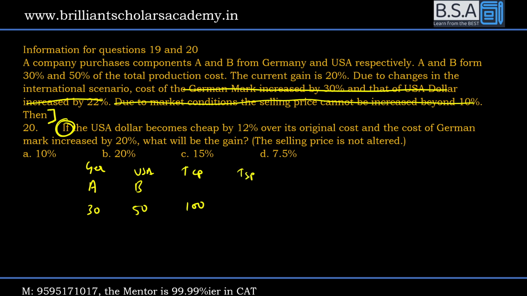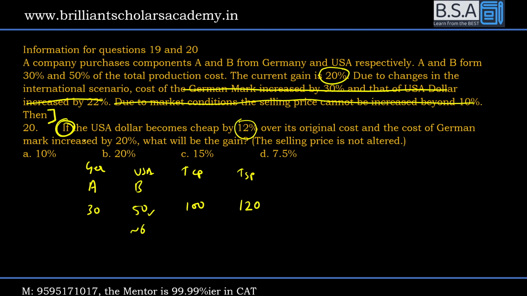Total selling price we did not change. What was the profit initially? 20%. That's all. So you are working with 20% profit originally. Now what has happened? The US dollar has become cheaper by 12%. What is 12% of this number? 6 rupees. The cost is going to decrease.